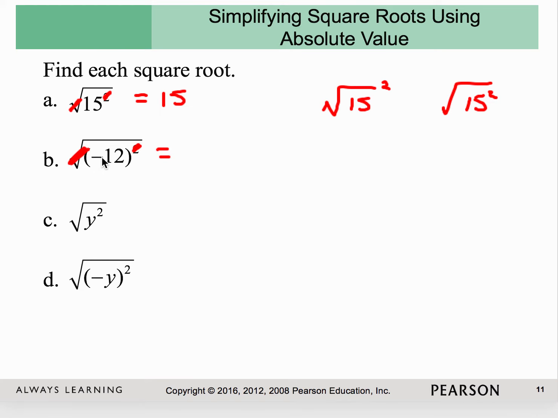Now, I got to be careful with this negative under here. So in this case, I do have to think about, hey, if I square this negative 12, it's 144. And the square root of 144 is just 12. Right?